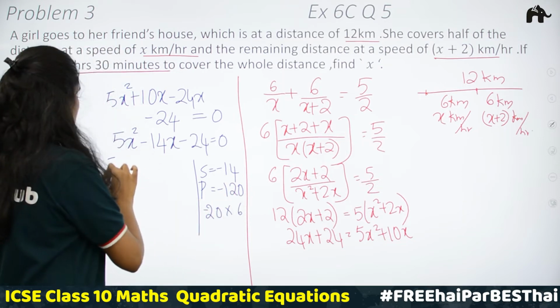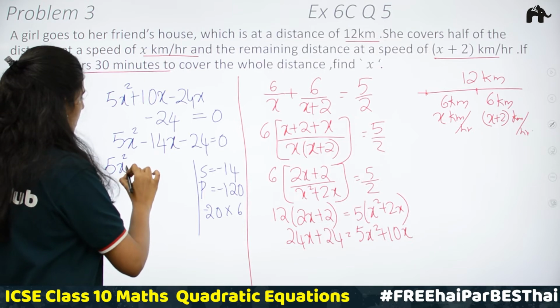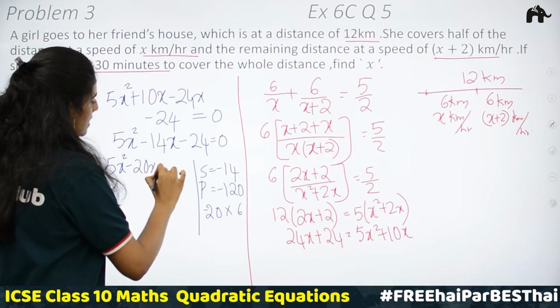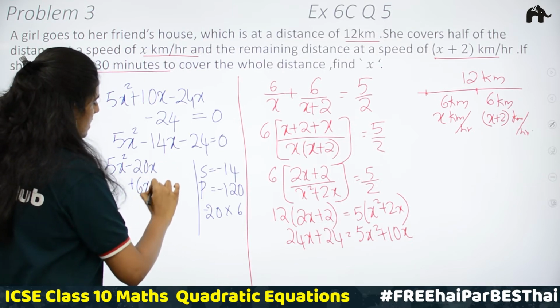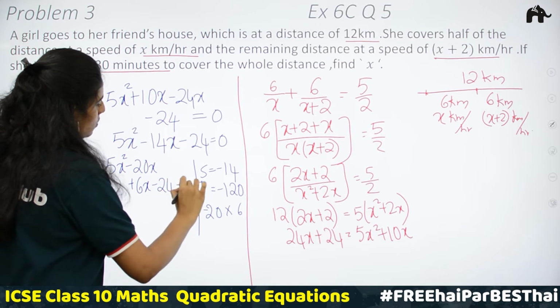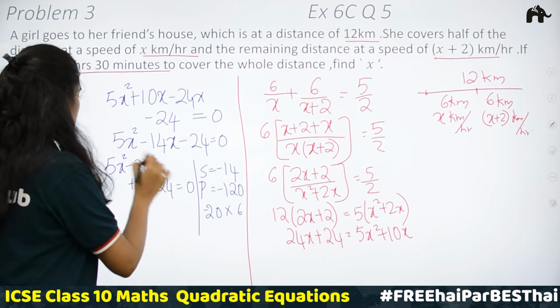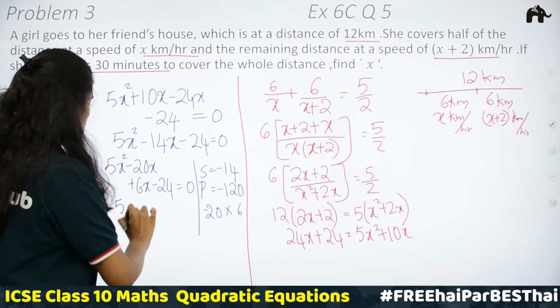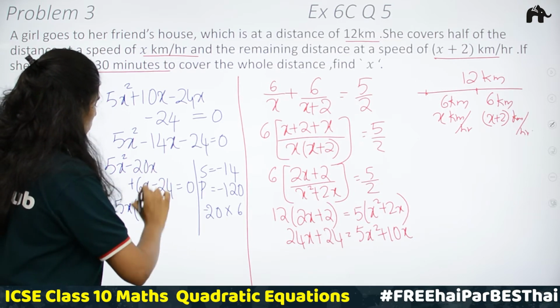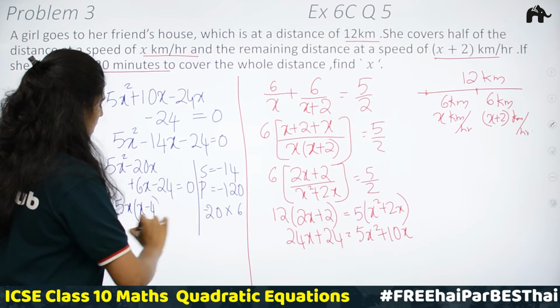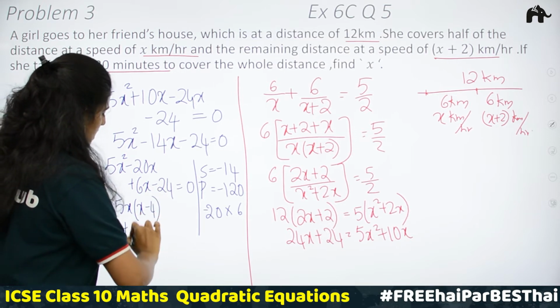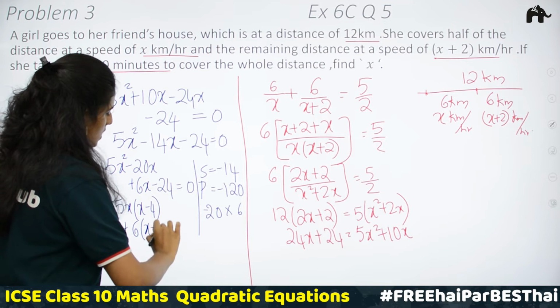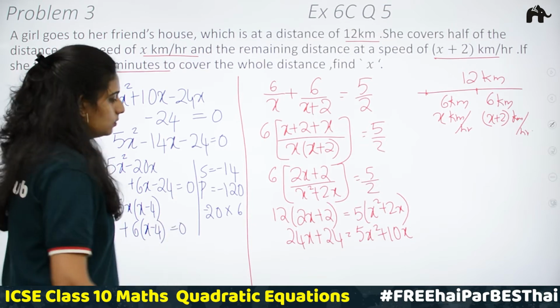Splitting the middle term, 5x square minus 20x plus 6x minus 24 is equal to 0. Taking common, from 5x square minus 20x, we can take 5x common, 5x into x minus 4, plus here 6 is common, again x minus 4, is equal to 0.